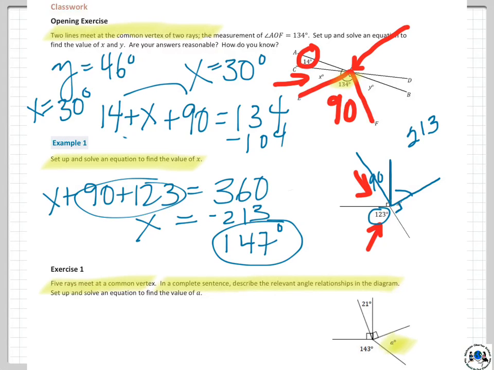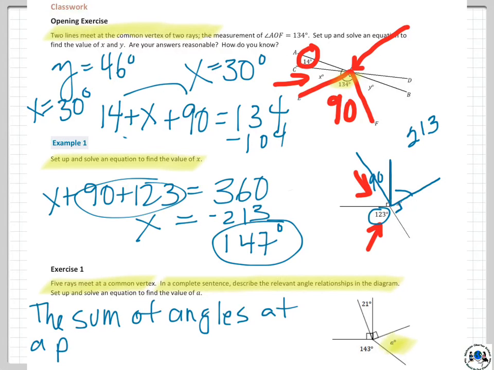Okay, as we had mentioned before, the relative relationship would be the sum of angles. Remember angles at a point? We haven't talked about that in a while. Angles at a point equal 360 degrees. Okay, so that is our statement of relative angle relationship.